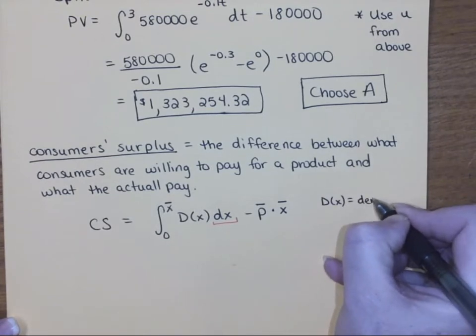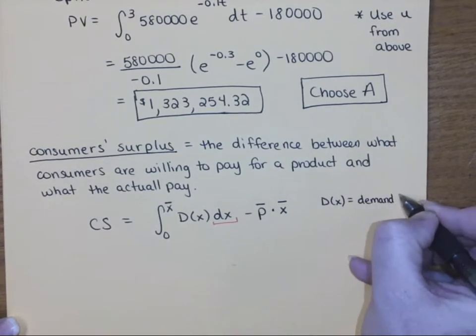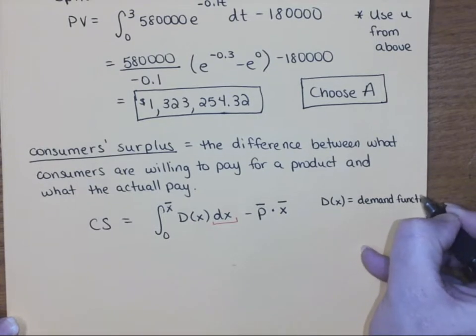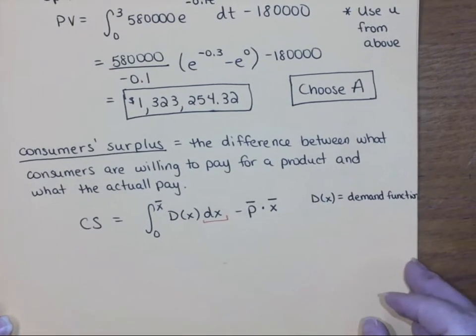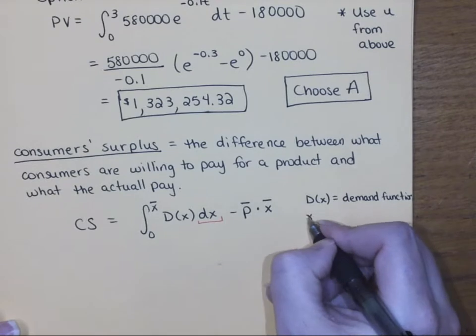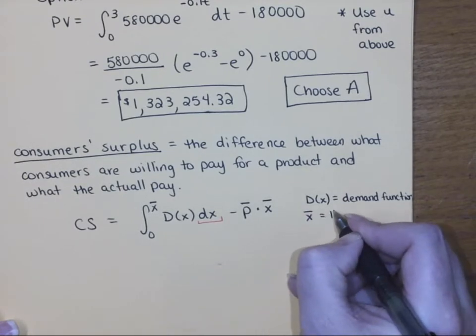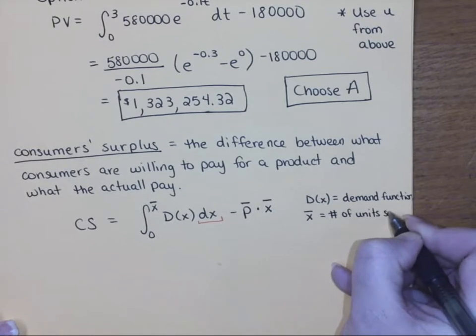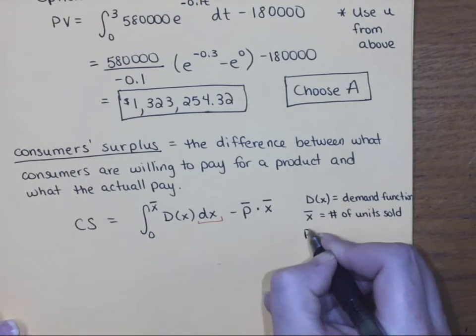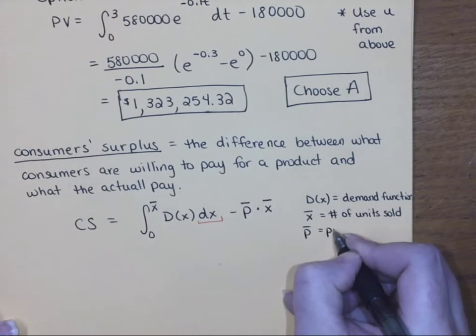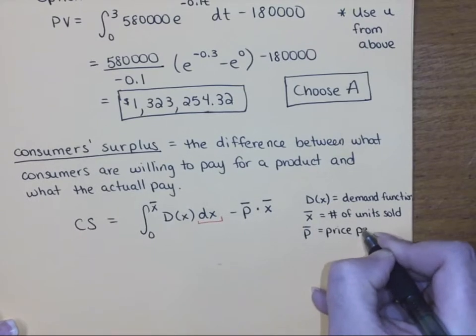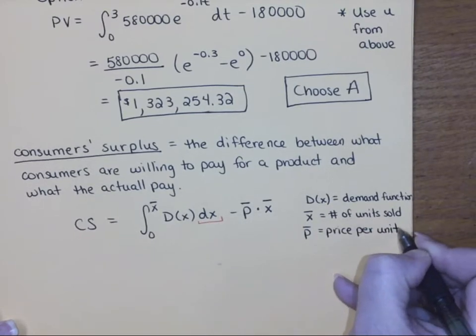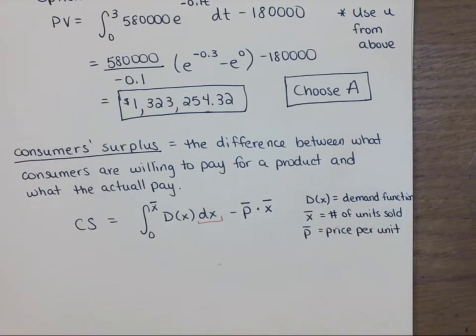D of x is the demand function, because consumers control demand. X bar is the number of units sold. And P bar is the price per unit. And if you want the consumer surplus, you do this calculation.